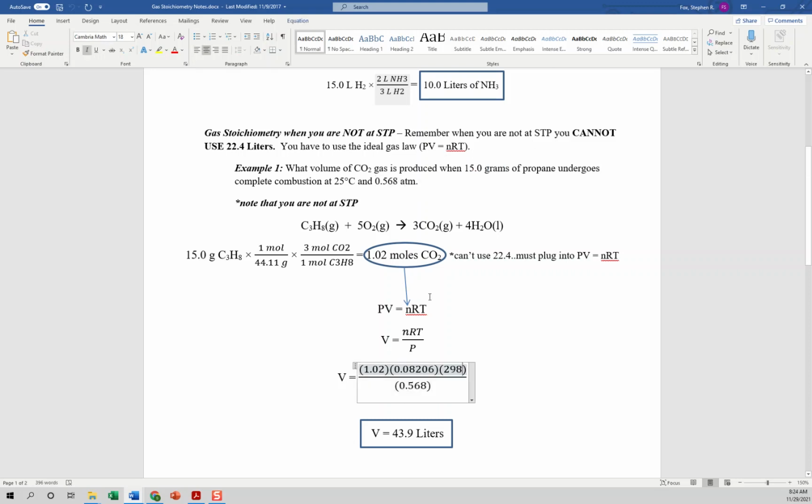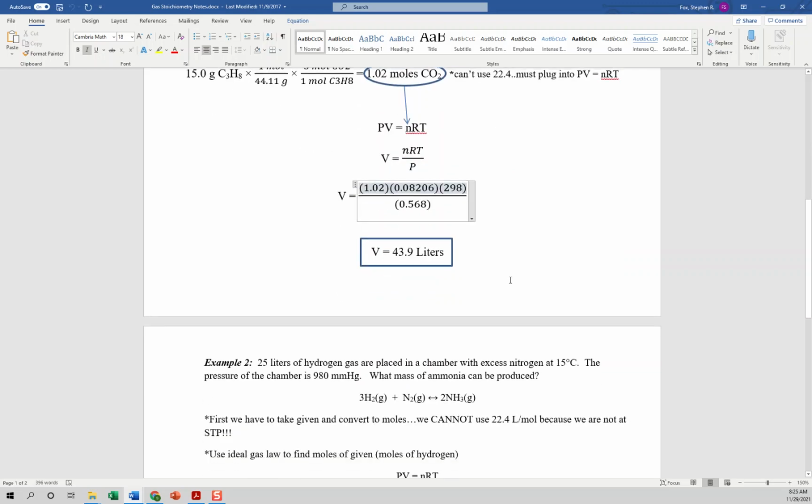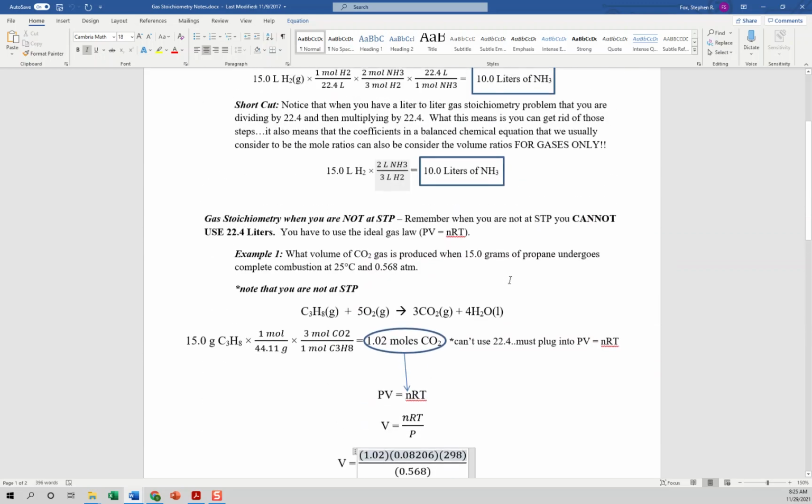That's the temperature, remember, not 25. 25 plus 273, 298. And then divided by P, our pressure. And we solve and we get 43.9 liters. If you use 22.4, it would be a different number, and it would be incorrect because it's going to be a different volume when you're not at standard temperature and pressure. So that's all we wanted to see there.